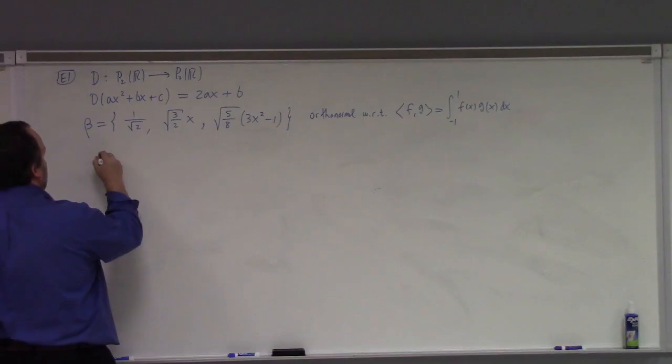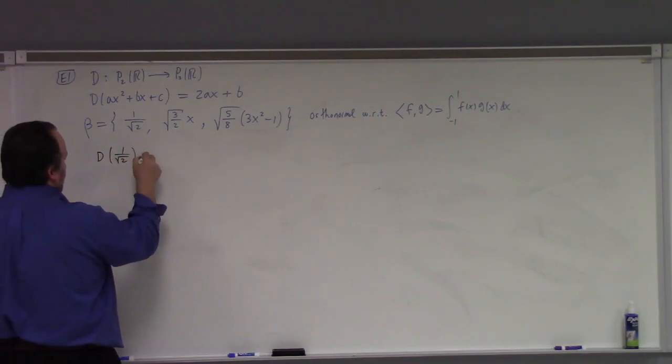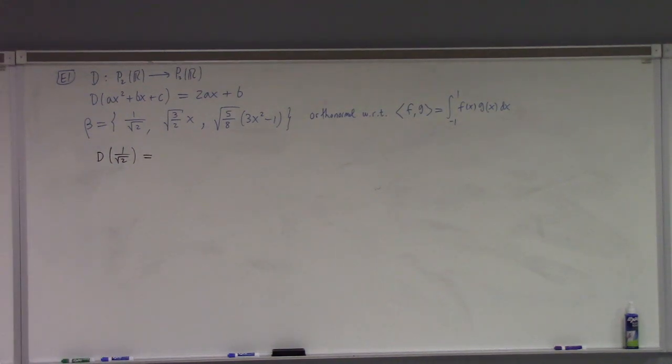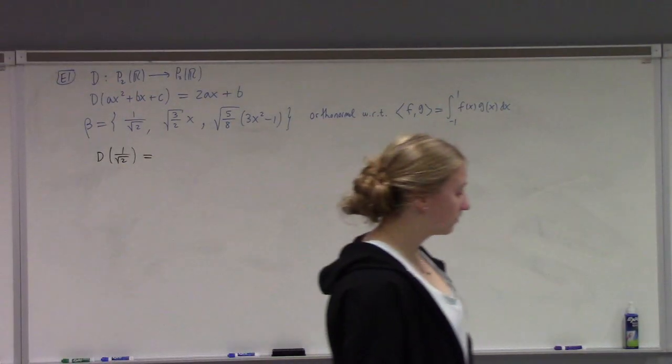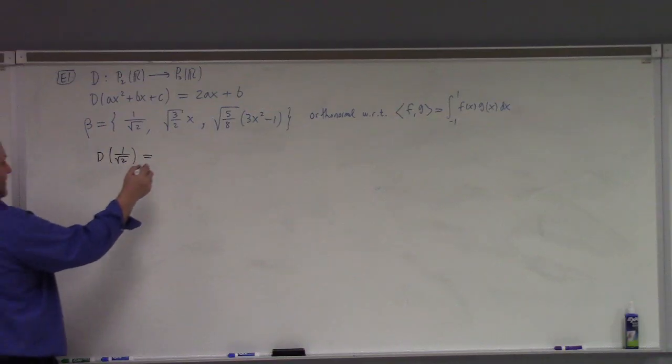First of all, D of 1 over root 2 is what? The derivative of 1 over root 2 is? Oh, no. Thinking too hard. Yes. Let's try that again.